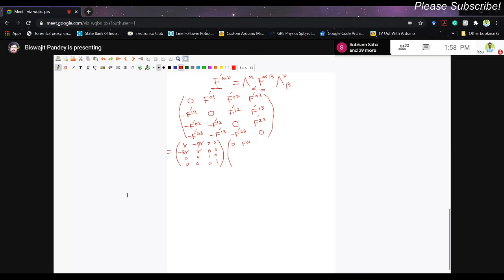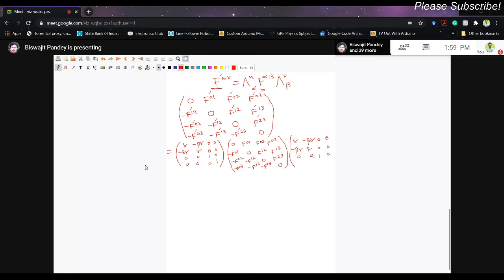F01, F02, F03, then minus of F01, 0, F12, F13, minus of F02, minus of F12, 0, F23, minus of F03, minus of F13, F23, 0, and then we have another matrix: gamma, minus beta gamma, 0, 0, minus beta gamma, gamma, 0, 0.